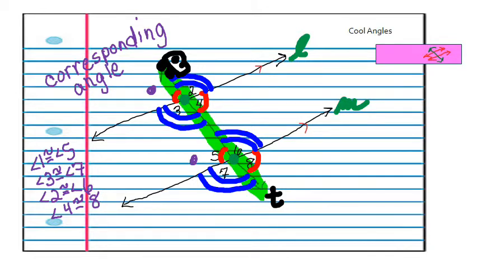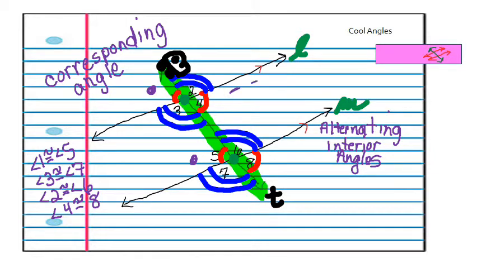The next thing is two other properties that happen in a congruency. The first one being alternating interior angles. Alternating, jumping back and forth across the street, interior, inside the parallel lines, angles.